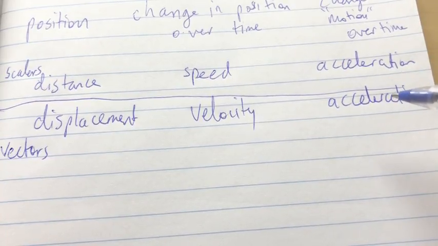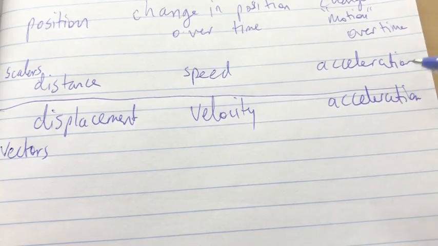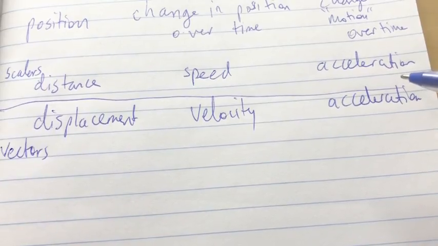Okay, so we went through an example where in a car, you accelerate by pressing the accelerator because that changes your speed, but you also accelerate by pulling the handbrake or pressing on the brakes, because that changes your speed as well. It just decreases it. And you also accelerate when you turn the steering wheel, because you're changing your direction, which is changing your velocity.